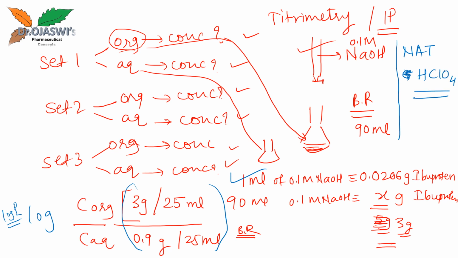Whatever burette reading you get, you will substitute in the factor and you will get the amount of ketoconazole present in each layer, in each set. Then you take the ratio of the concentrations, and then take the logarithm of that ratio and you will get the log P value.